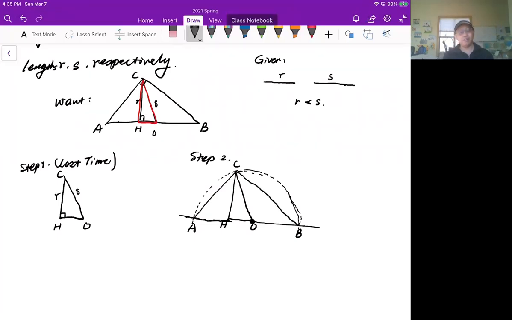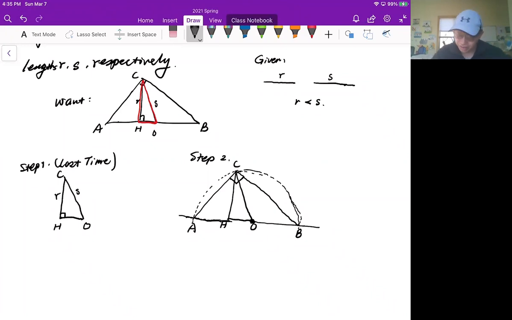Okay, why? Let's think about that. First of all, you get a right triangle. Why is this a right triangle? We've said that many times: as long as AB is the diameter of a circle, C can be anywhere on the circle, and we form a right triangle. So the first condition is satisfied.